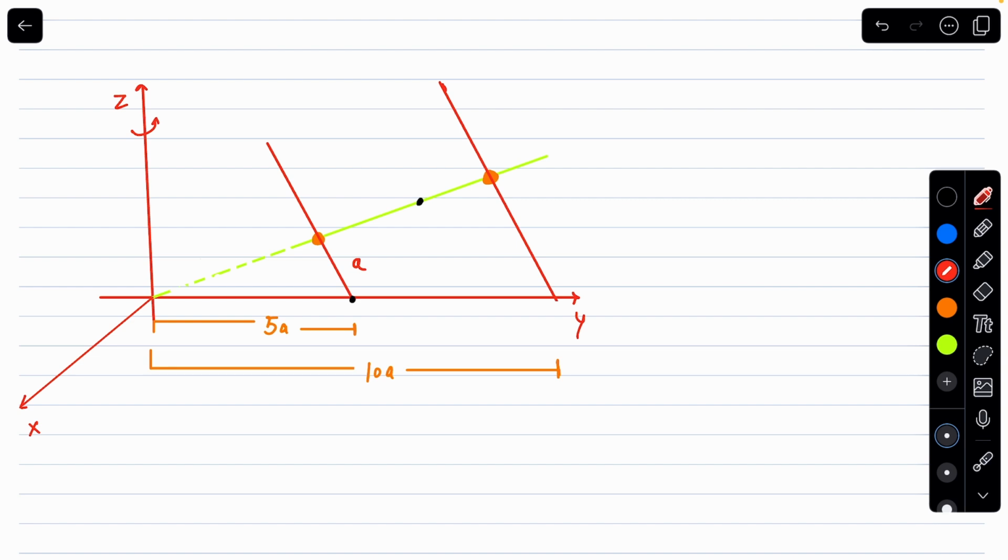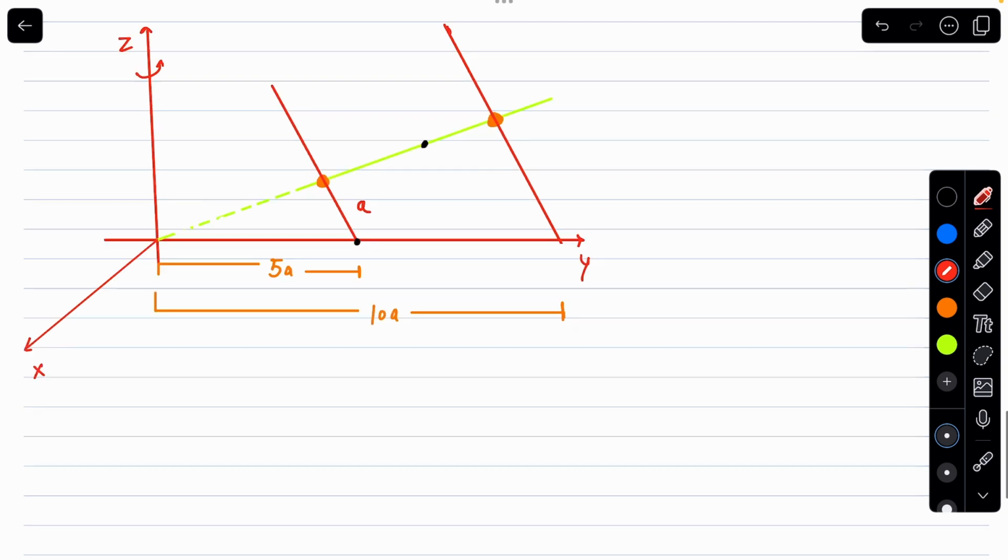Okay, let's go again. So here this is rotating about the z-axis. If the angular speed is omega z, then I can say any point's velocity can be given by omega multiplied by r. So that can be written as omega z multiplied by r of any point.